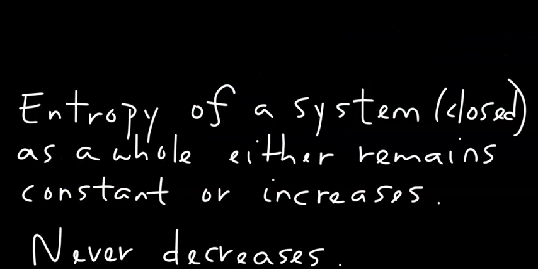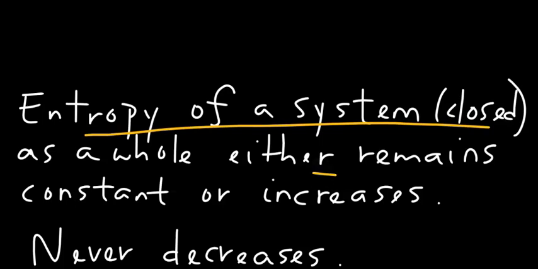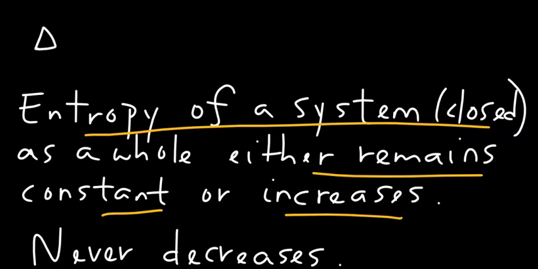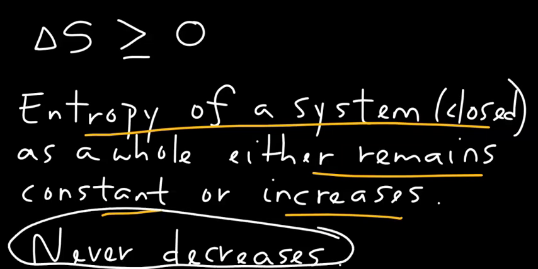An important point is that the entropy of a closed system as a whole either remains constant or increases. Namely, we can write the following for the change in entropy of the system. The change in entropy can be greater than 0, namely when the entropy increases, or equal to 0 when the entropy remains constant, but it can never decrease.